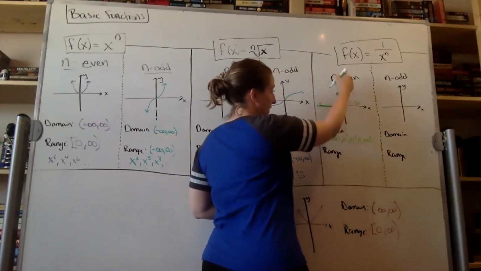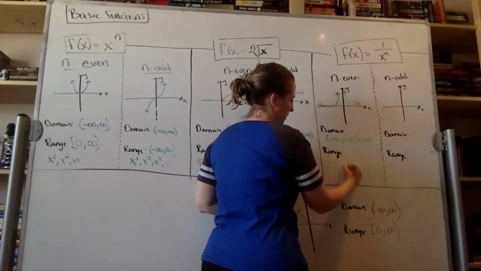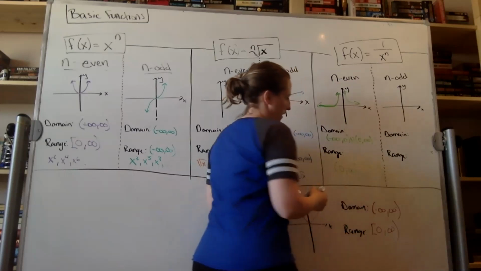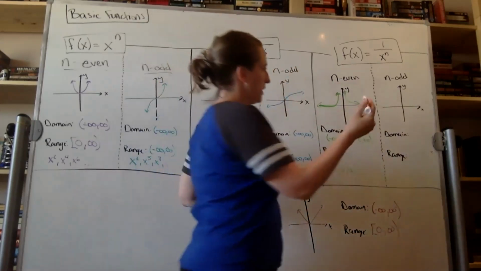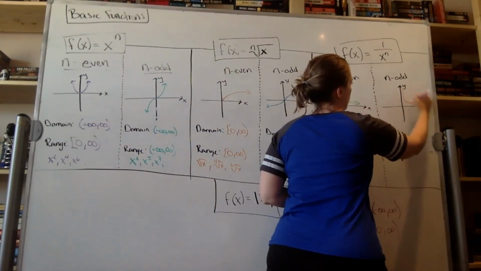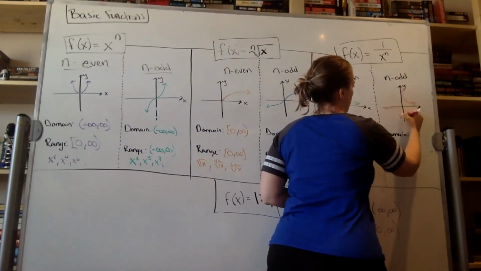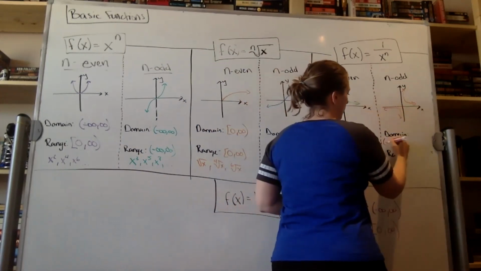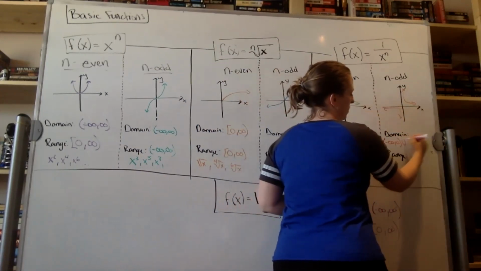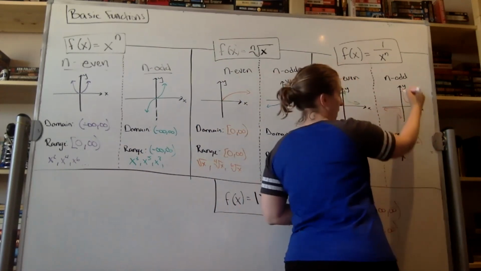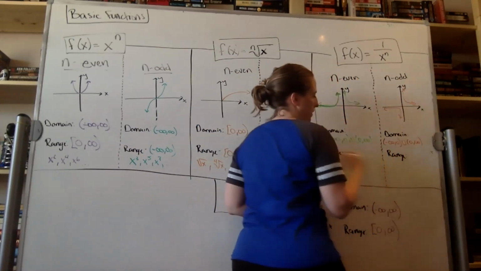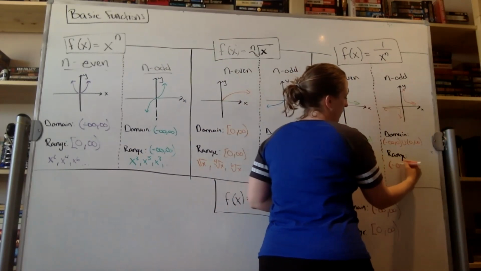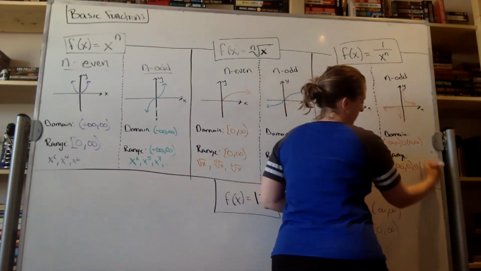Our range was everything above the x-axis, or 0 to infinity. When n was odd, we had the L curves in the top right and bottom left. Our domain was -∞ to 0, union with 0 to infinity. We had to throw out 0. That was where our vertical asymptote was located. And our range was also -∞ to 0, union with 0 to infinity.